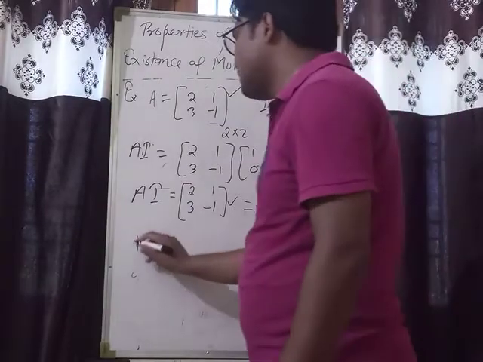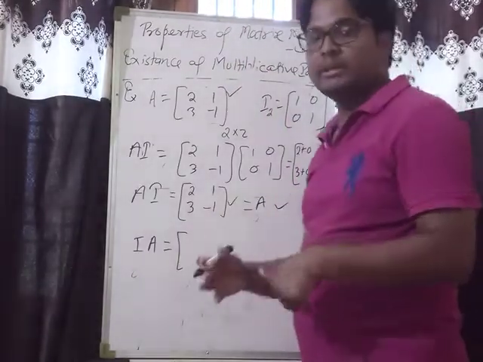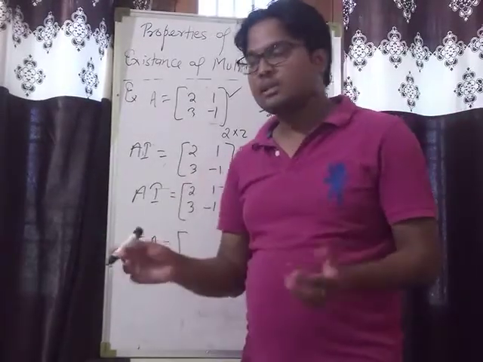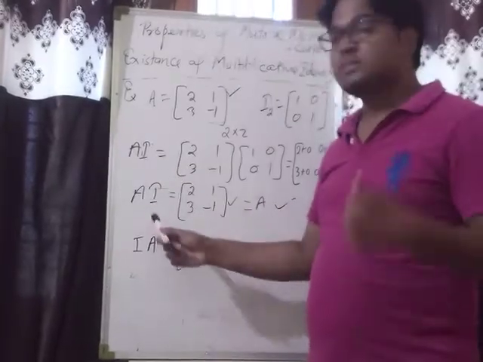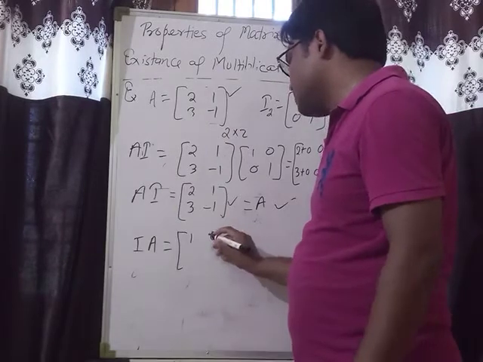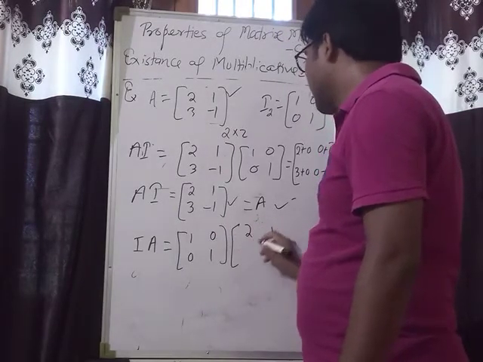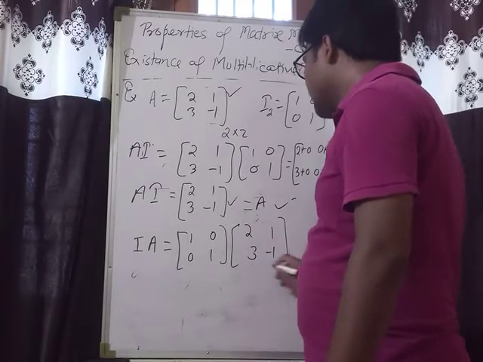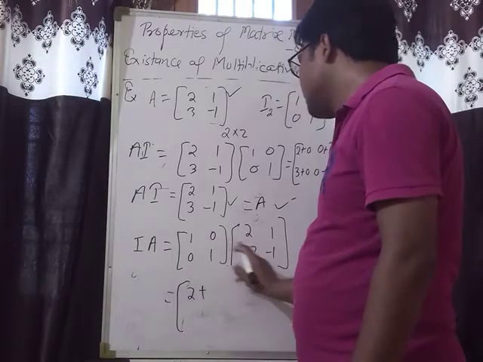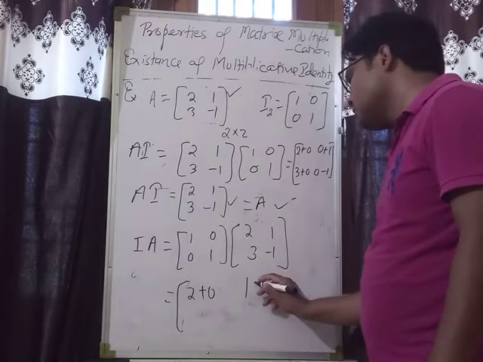Now find out IA. From here it is clear that I is right identity. I am going to check whether this is left identity or not. This is [1 0; 0 1] and A is [2 1; 3 -1]. So what will become: 1 into 2, 2, plus 0 into 3, 0, 1 into 1, 1, 0 into minus 1, 0.